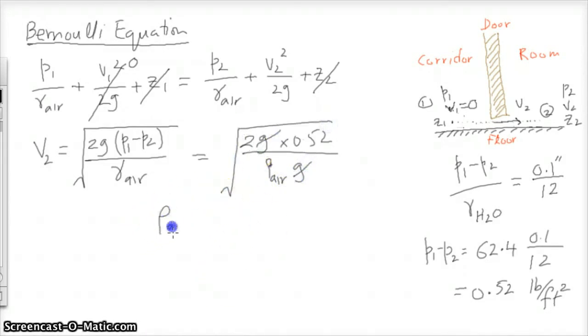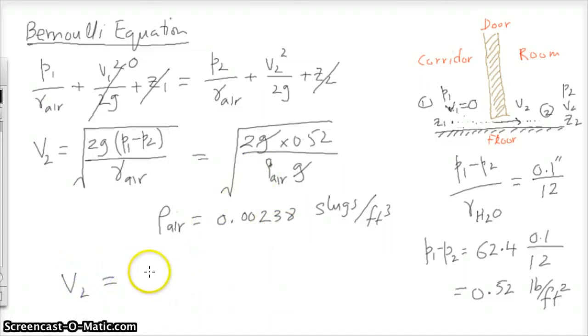And we know that rho of air, you can check this from the back cover or appendix of your book, is 0.00238 slugs per cubic foot. By plugging this number into the equation, you will find that V2, which is the velocity of the air through the crack, is given by 20.9 feet per second.